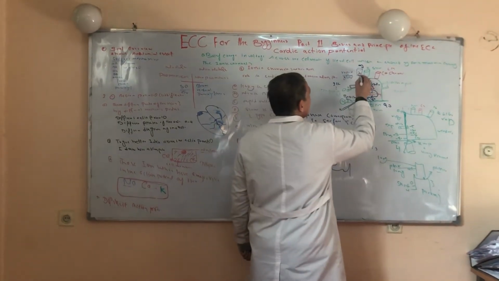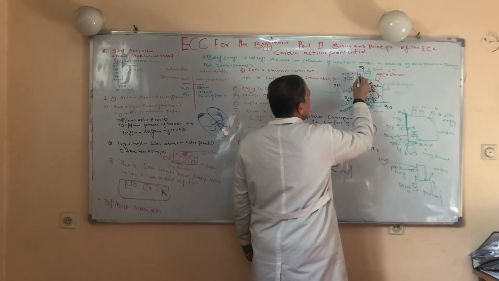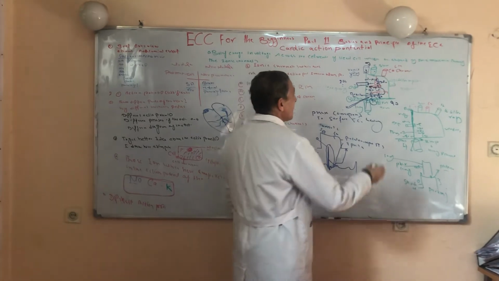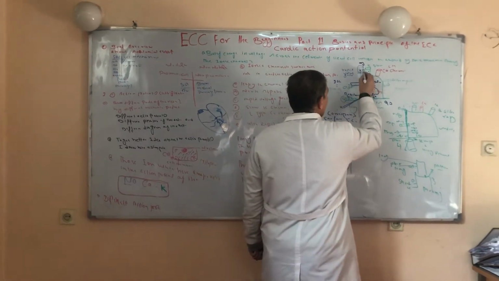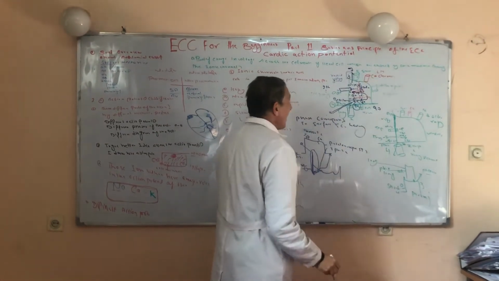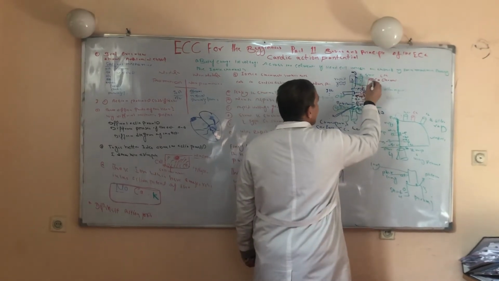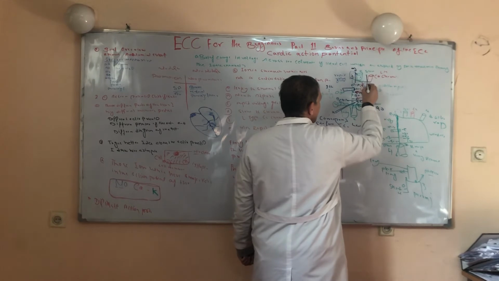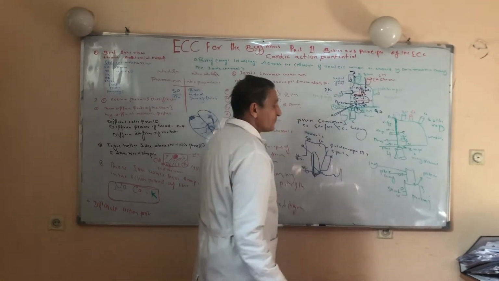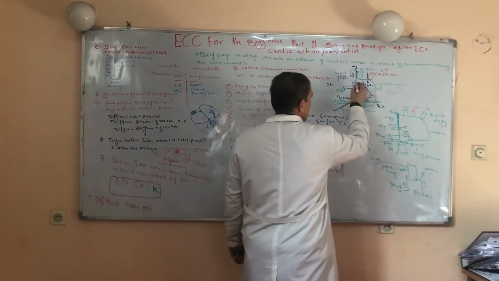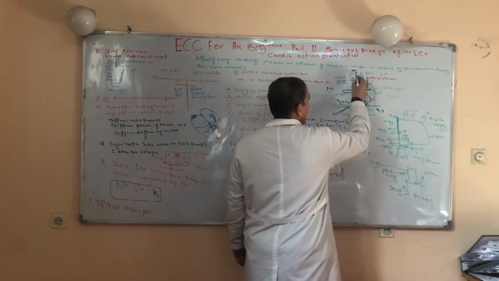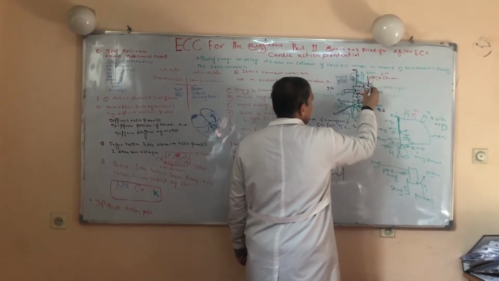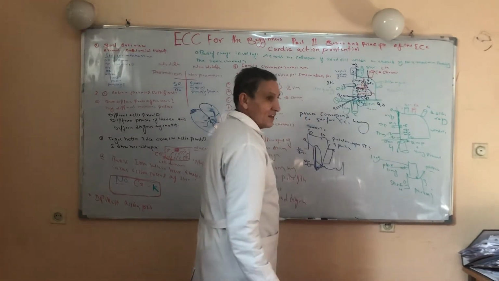Once this cell is depolarized, the potassium channel opens, and potassium is going from inside the cell to the outside the cell. At the same time, the L-type calcium channel is also opening, and calcium is coming from outside the cell into the inside the cell. Now the amount of potassium going from inside to outside the cell and the amount of positive charge coming from outside into the inside the cell are equal.